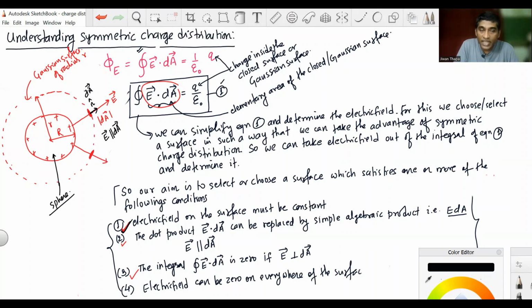So vector area and electric field are parallel to each other. So condition 2 is satisfied. So in this way, we apply the condition of symmetric charge distribution in discussing the application of Gauss law.